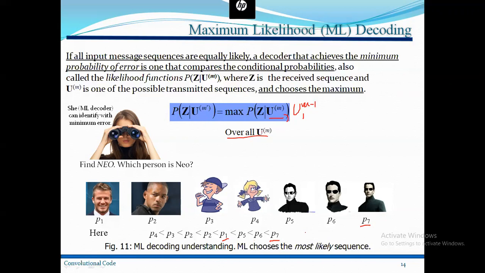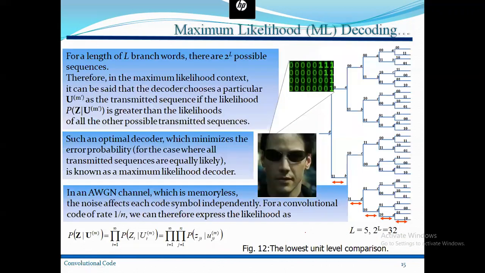So in convolution coding, we have 2^L paths in the sequence.